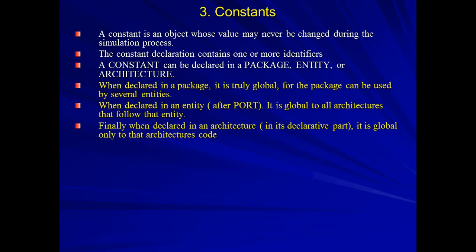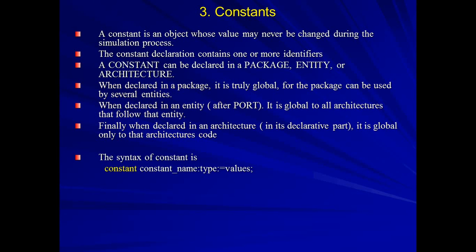When a constant is declared inside the package, it is truly global for the package and can be used by several entities. But when declared inside the entity, it is global to all the architectures that follow that entity. And when we declare the constant inside the architecture, it is global only to that architecture code.